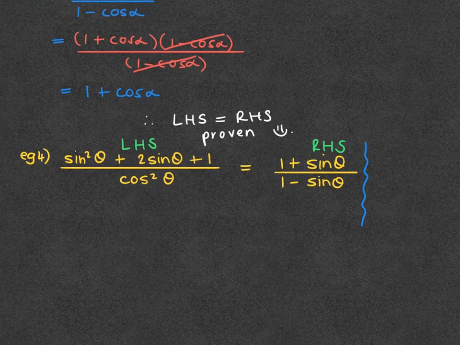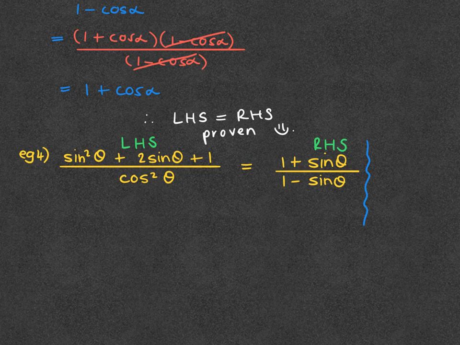If I, instead of writing sine squared theta plus 2 sine theta plus 1, imagine I said x squared plus 2x plus 1. Deal with that. You would say, this is a trinomial, Claire, and I'm going to factorize that trinomial to x plus 1, x plus 1. So I hope you realize that this is exactly the same.